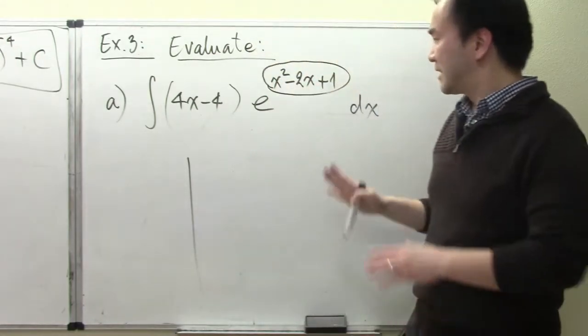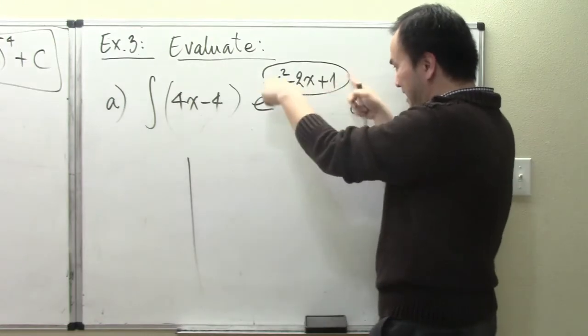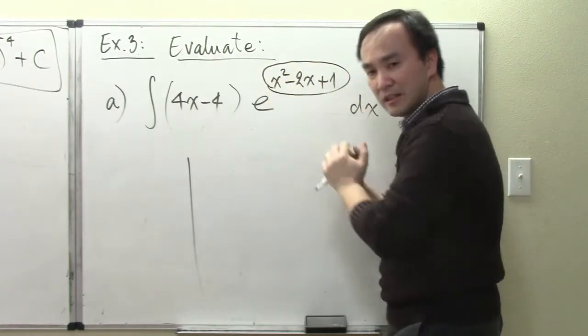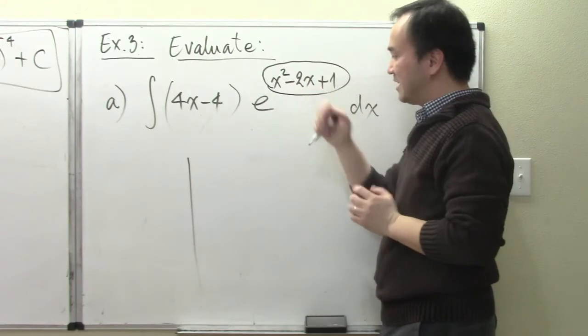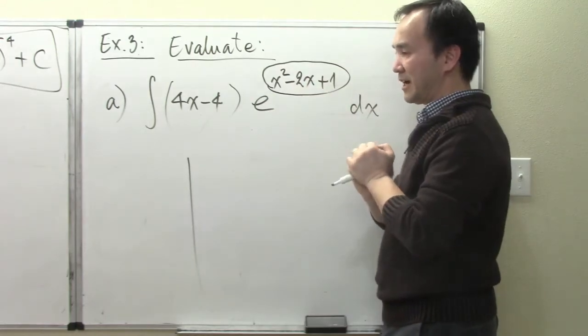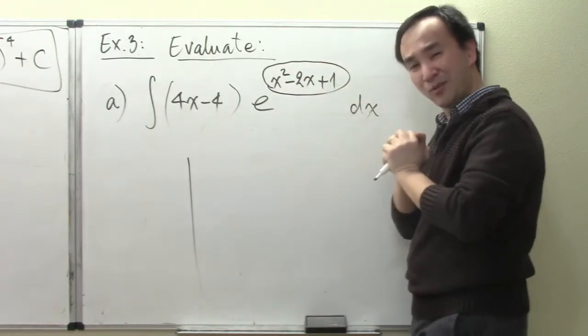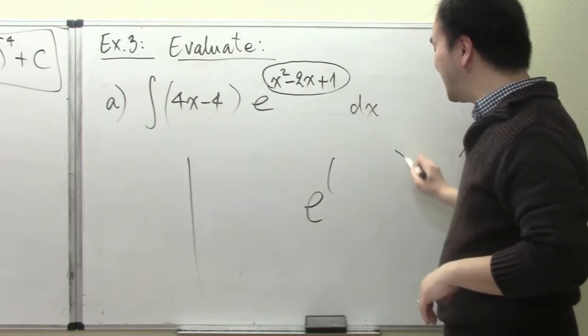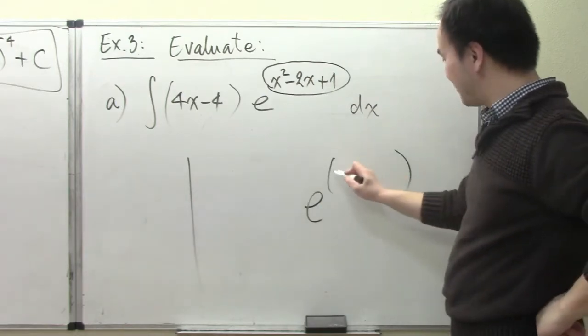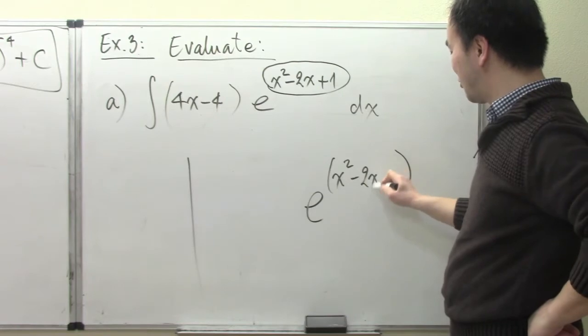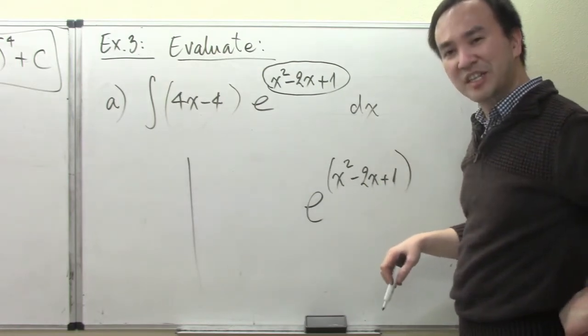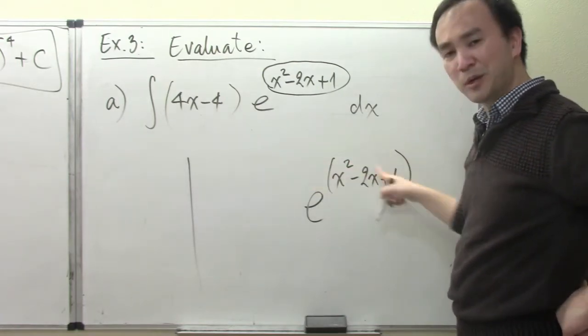The outside function is e to the something, and then x squared minus 2x plus 1 is being seen as being inside of that exponential function.